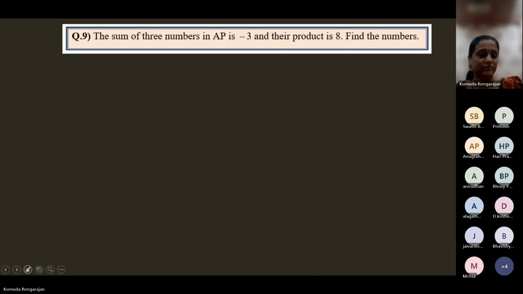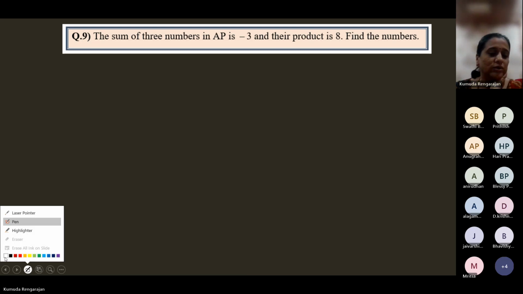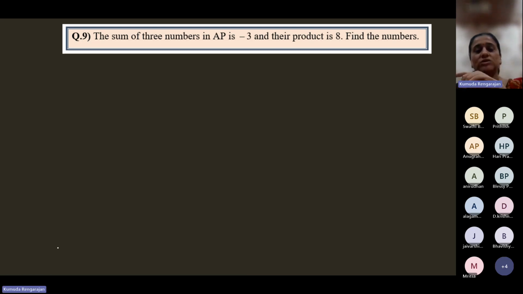Next one. The sum of three numbers in AP is -3 and their product is 8. Find the numbers. In the first session on arithmetic progressions, we saw one slide which said how to assume 3 numbers, 4 numbers, and 5 numbers in AP.